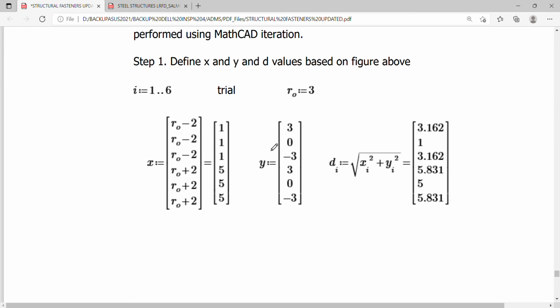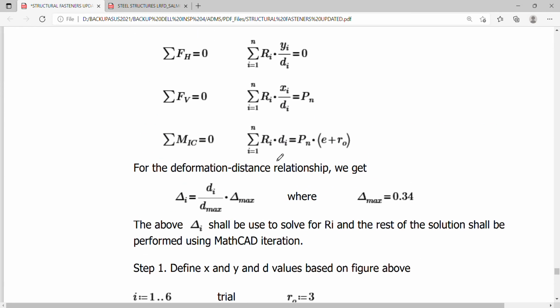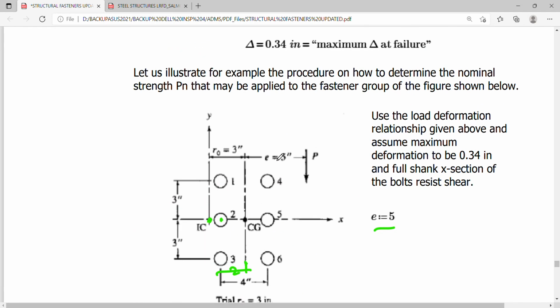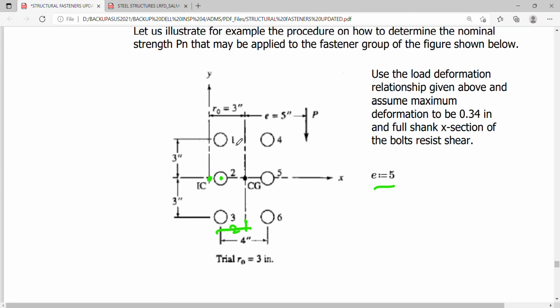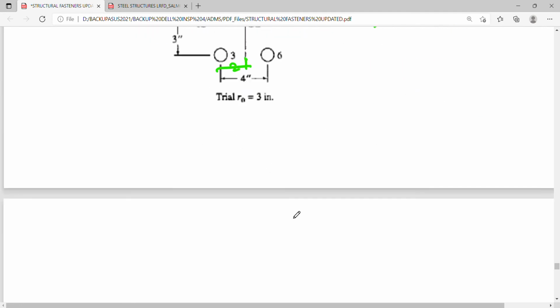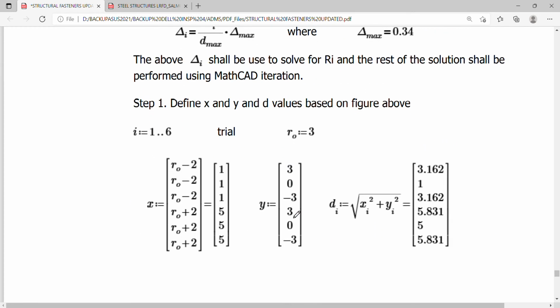Okay? So for your y values, you refer now to the centroid again, going upwards and downwards. So this simply becomes positive 3, 0, negative 3, positive 3, 0, negative 3, which is this one here.